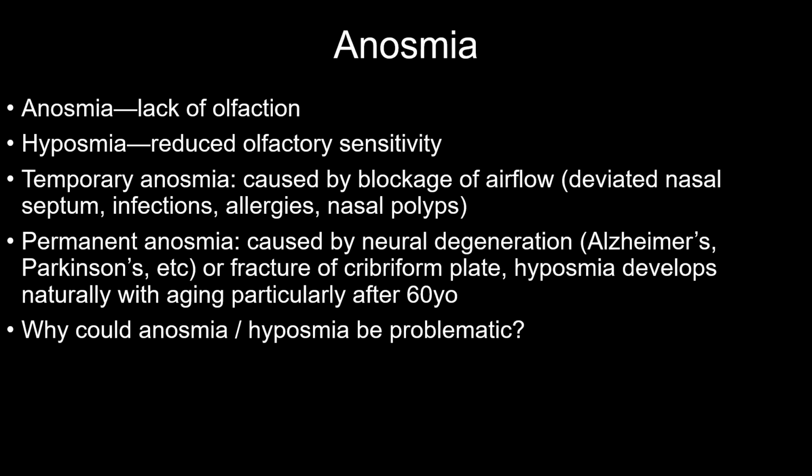In fact, research tends to suggest that decreased olfaction may actually be an early sign of Alzheimer's disease. Now, hyposmia naturally develops with aging, simply because fewer olfactory neurons are going to be replaced by basal cells. And this process tends to occur gradually, but once an individual becomes age 60, it becomes particularly noticeable.